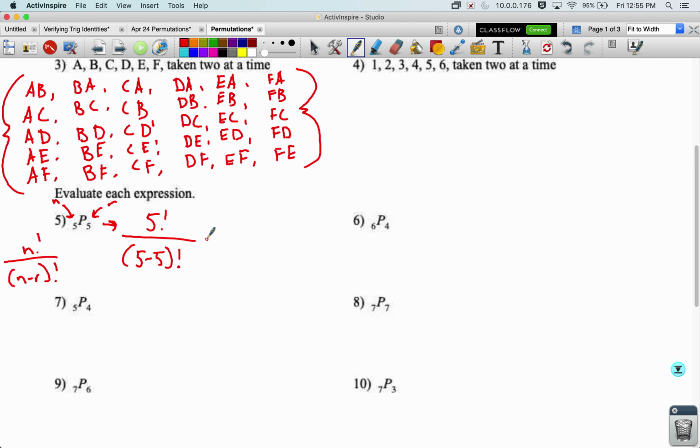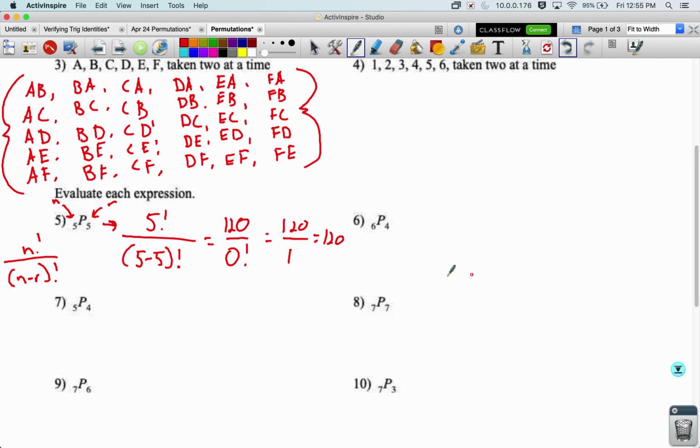Well, 5 minus 5 factorial is just 0 factorial, which is just 1, and 5 factorial is 5 times 4 times 3 times 2, 120. So 120 over 1 equals 120.